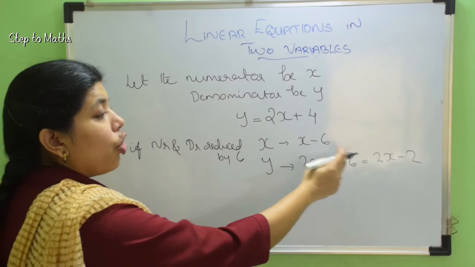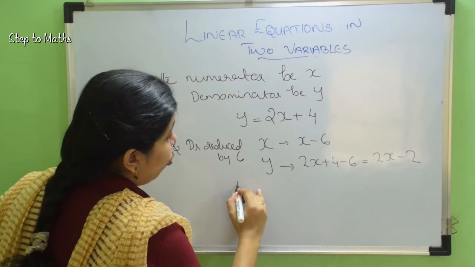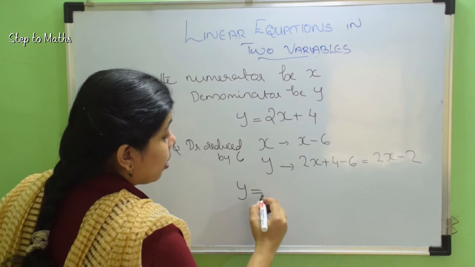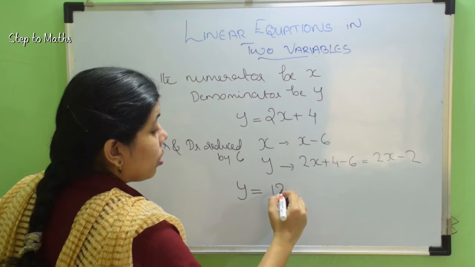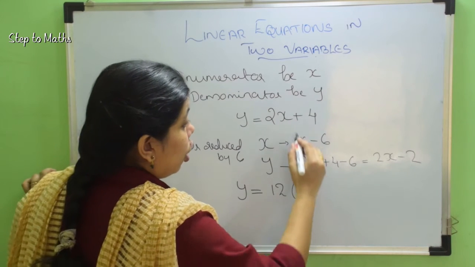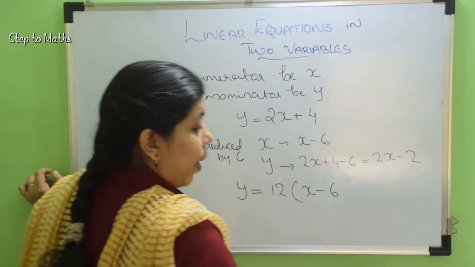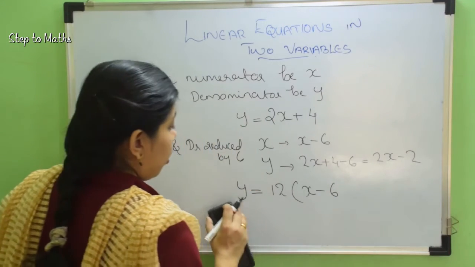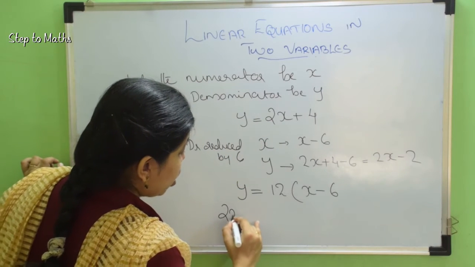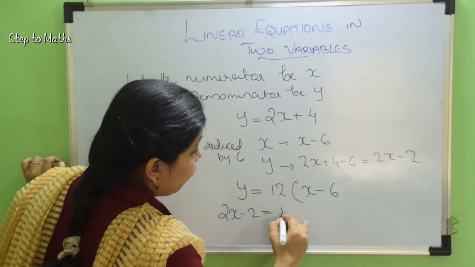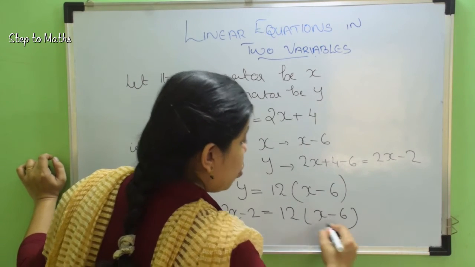If numerator and denominator are reduced by 6, then the denominator becomes 12 times the numerator. The value of y is 2x minus 2. So we can write it as 2x minus 2 is equal to 12 into x minus 6.